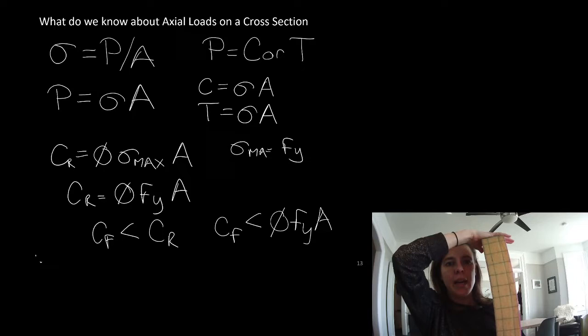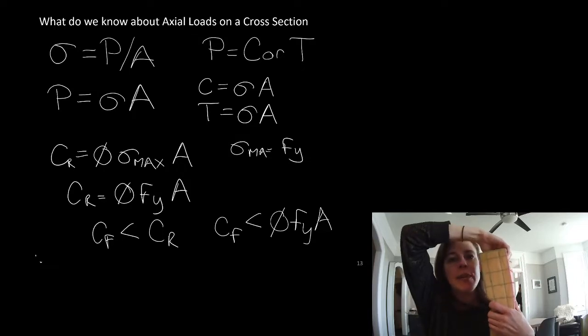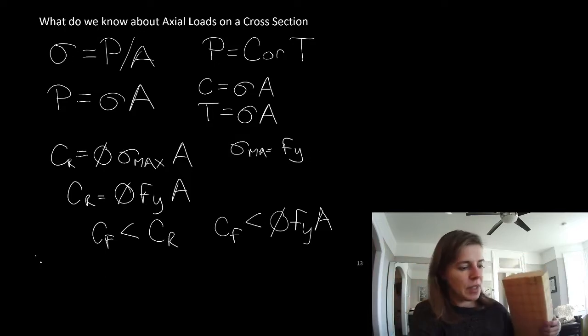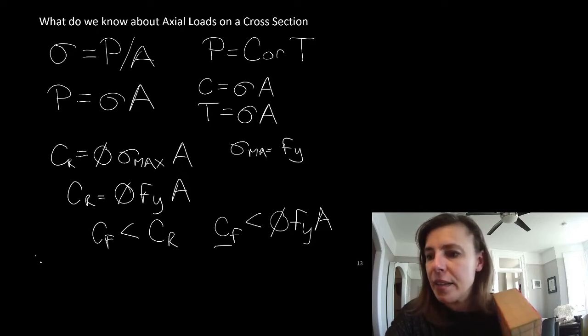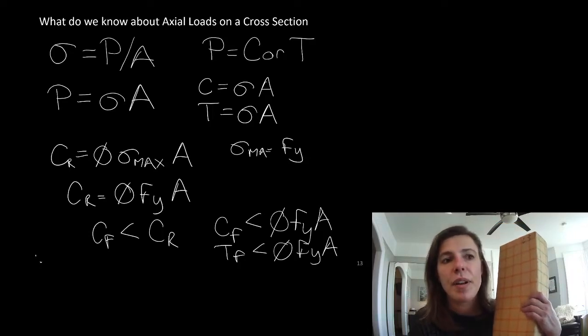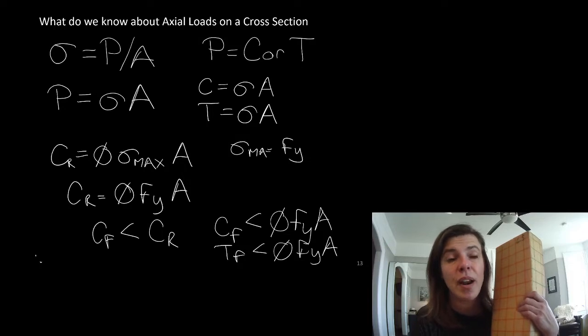C meaning we're talking about squashing, and T meaning we're talking about pulling, or tension. Tension, no problem. This equation is beautiful. It's perfection. We can say TF needs to be less than our reduction factor times our maximum yield stress times our area.